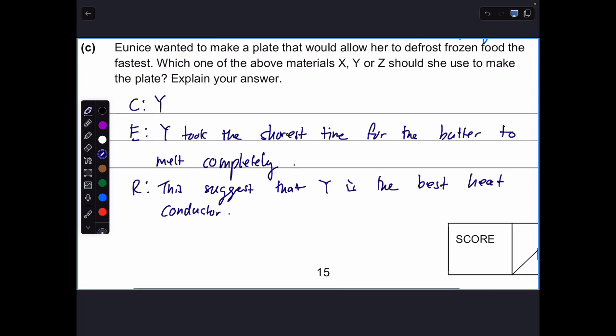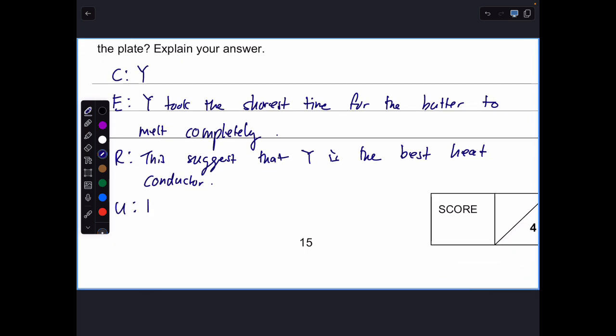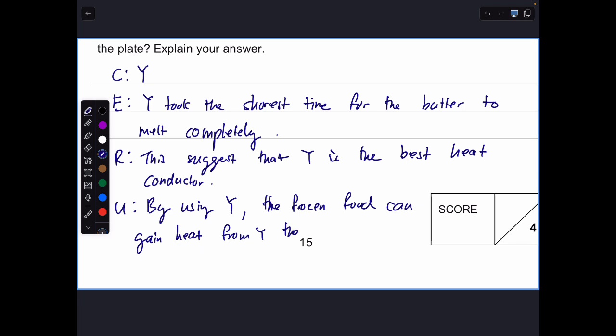And then U. By using Y, the frozen fruit can gain heat from Y the fastest and melt the fastest, or defrost the fastest. Okay, maybe we use the word melt. And melt the fastest.